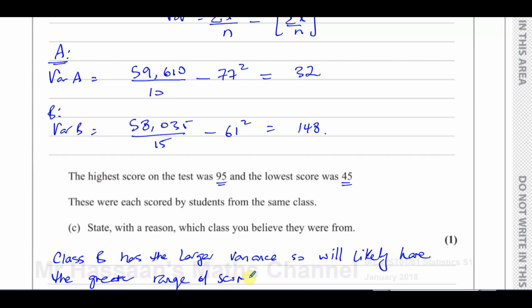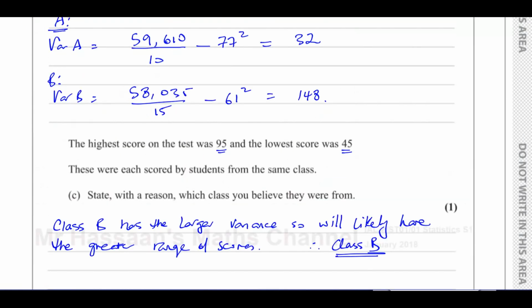Okay, so we say therefore class B. Okay, so that's enough for you to get the marks for that. And that's the answer to part C. Part D on the next page.